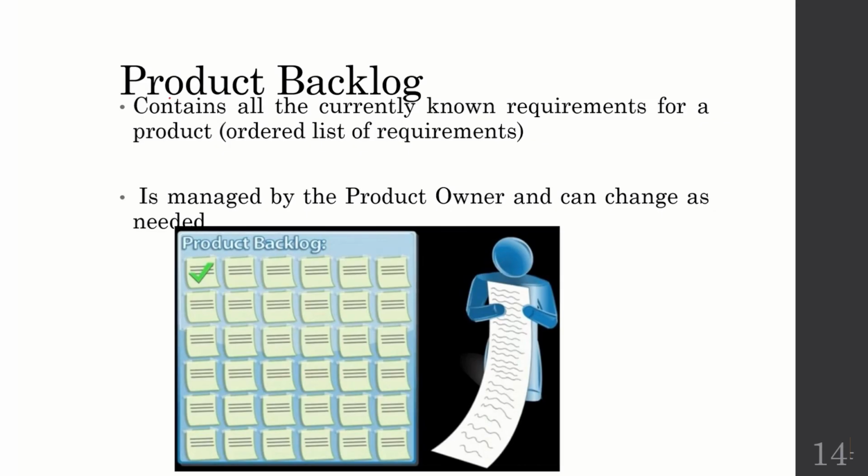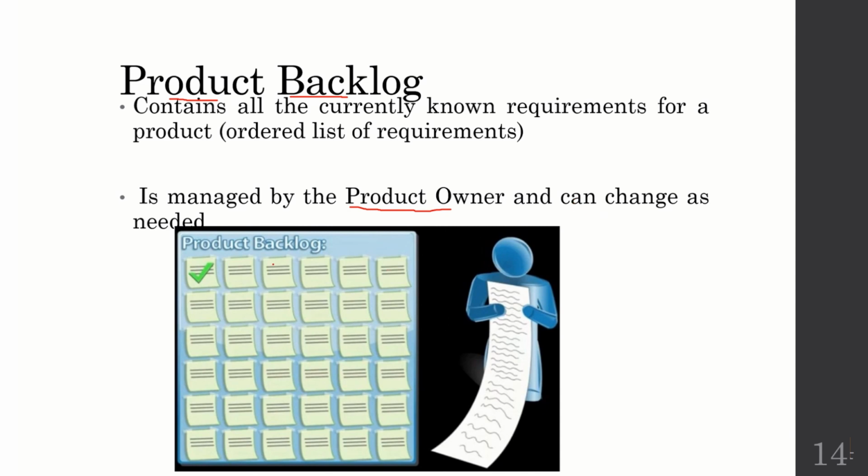So starting with the first artifact, the product backlog, we can see that it contains all the currently known requirements for a product, or you can say that it is an ordered list of requirements and is managed by the product owner. Also, it is very important to know that it can be changed as needed.